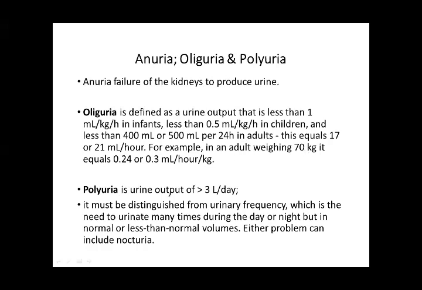Polyuria is when there is a lot of urine production. Unfortunately, my sweet students cannot explain what polyuria is. Please write down in your book: when the urine output is more than 3 liters per day, that is polyuria. Please write down these definitions because they are really important to know the function of the kidney.